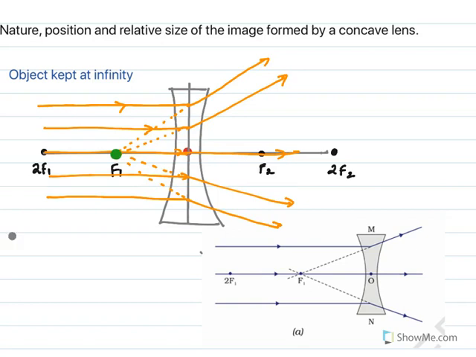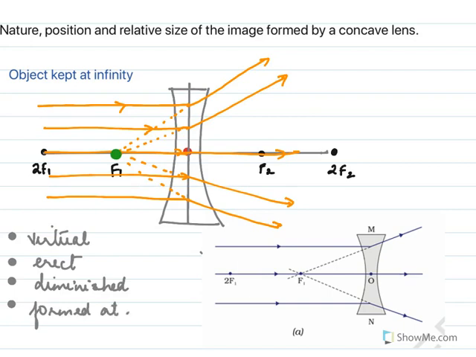So if I were to tell you what is the nature of the image, you can see it is virtual. The rays don't actually meet, so it is virtual. If it is virtual, it will be erect, it will be diminished, and it is formed on the same side as the object.